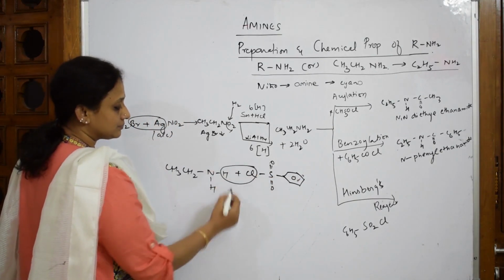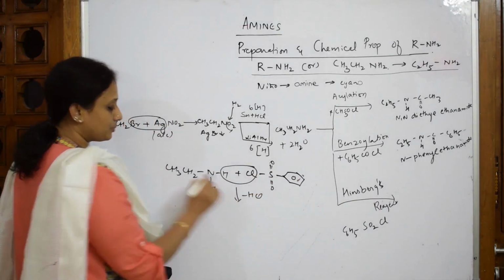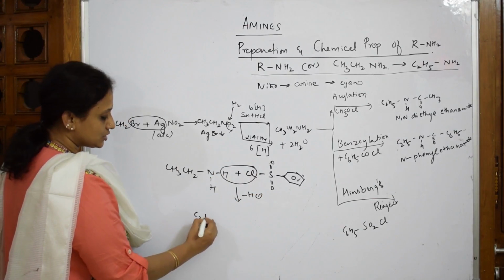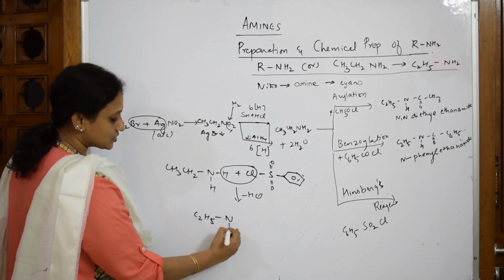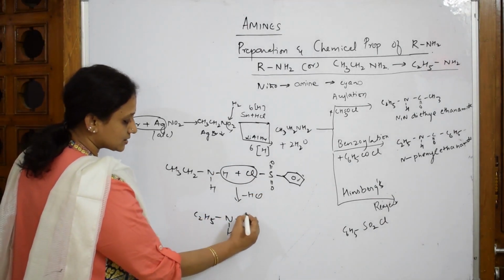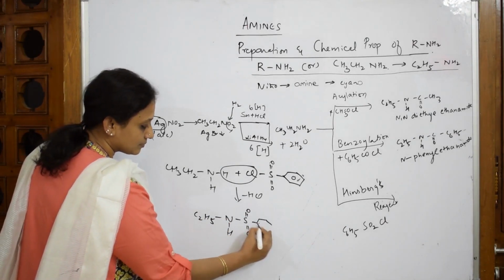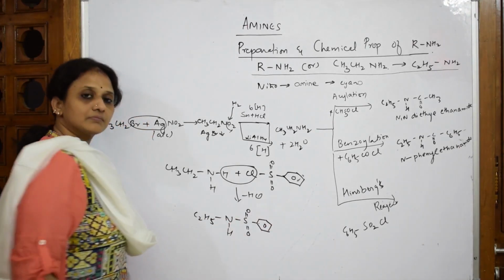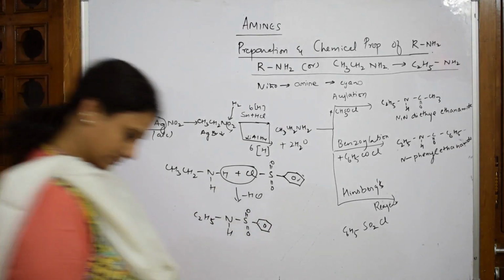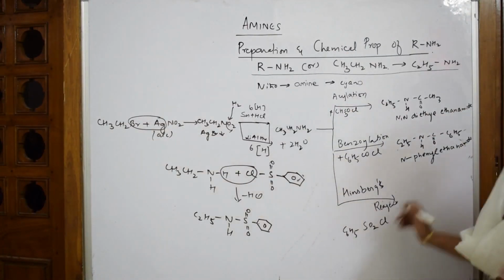Eliminate HCl and form the product. What product do you get? C2H5NHS. Simple. Let us write that product.